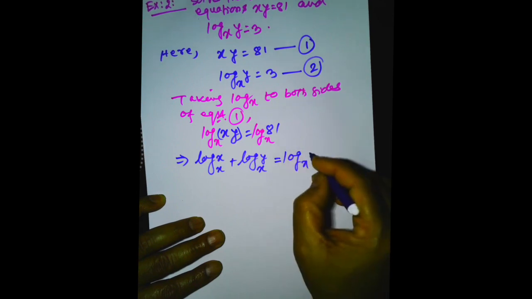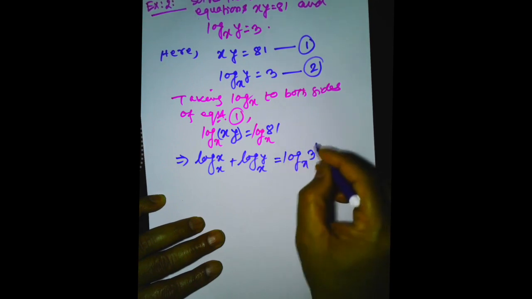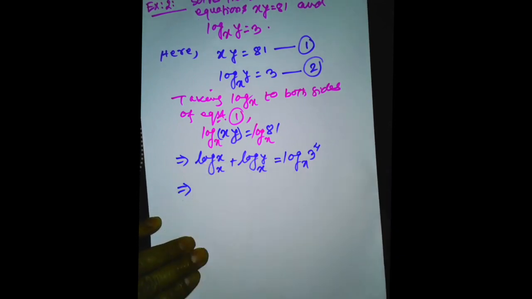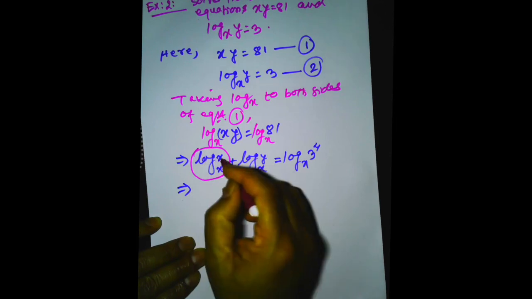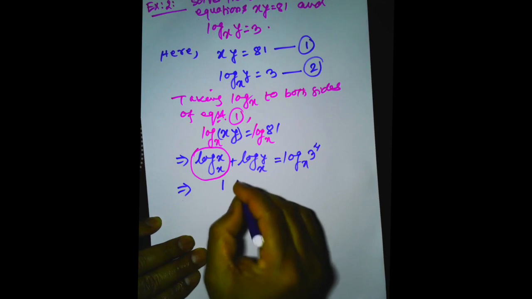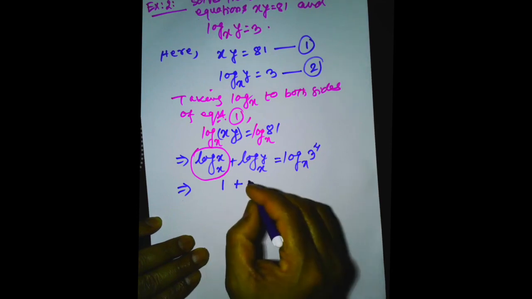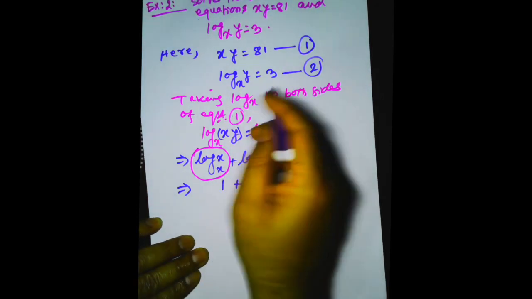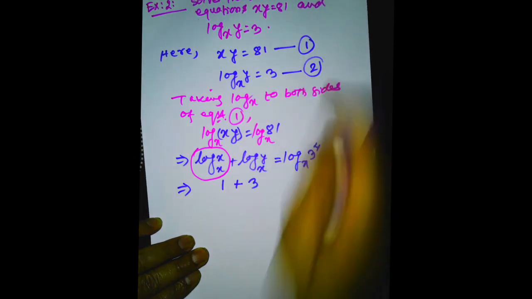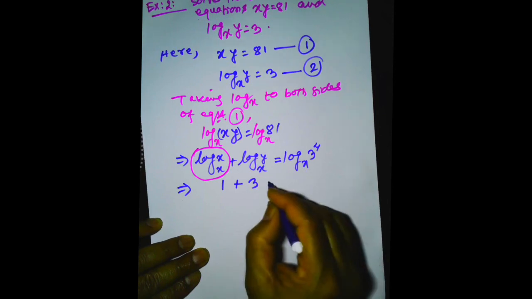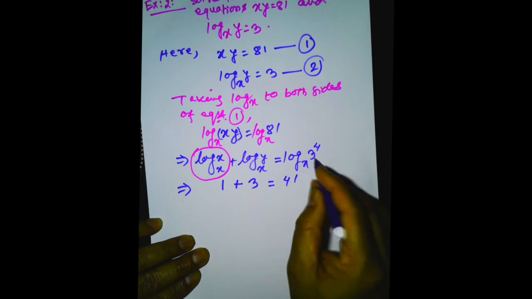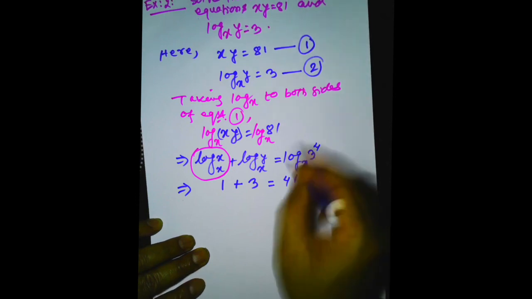If you factorize 81 in terms of 3, it's going to be 3 to the power 4. And then you see that here in this logarithm, the number and the base are the same, so its value is going to be 1. Plus you have log of y to base x, which is 3 from equation 2, so we write 3 here, and 4 will be in front when you apply the power rule to this term.